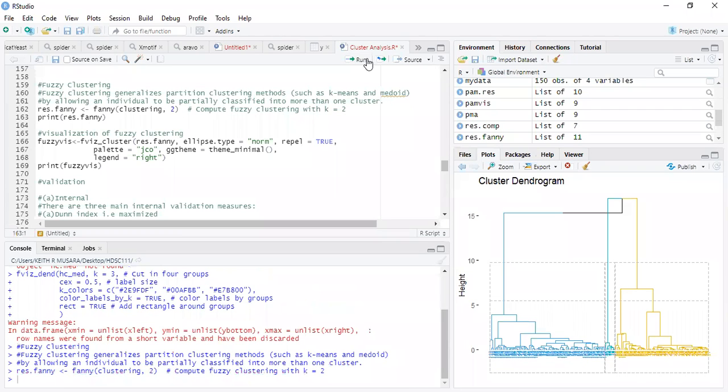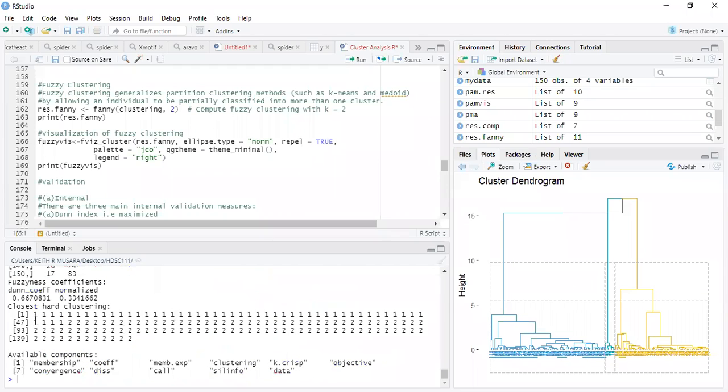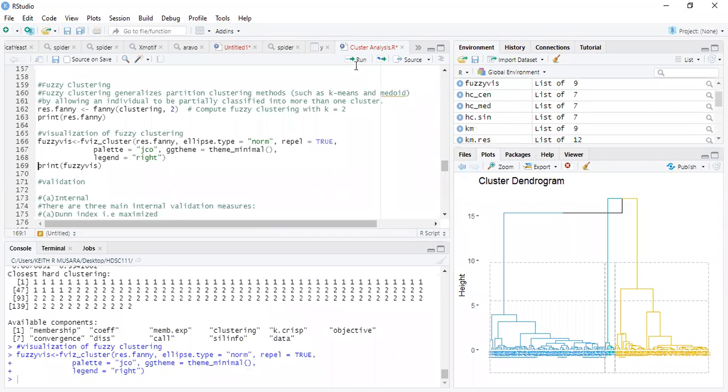First of all, we have to print the allocation, the number of clusters based on fuzzy. So you see, you've got 2 groups. You've assigned each observation to a particular cluster. So let's look at the visualization of the fuzzy clustering, and see what's in it.